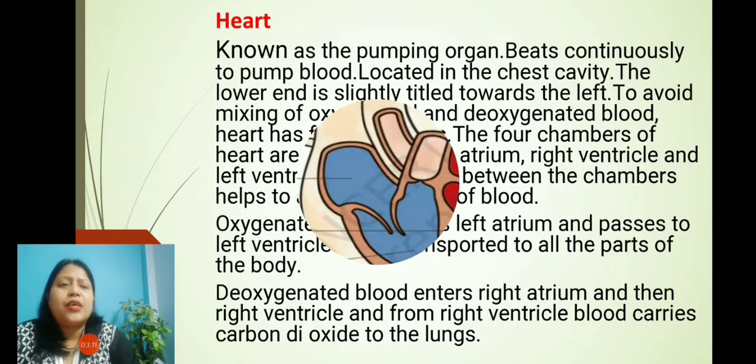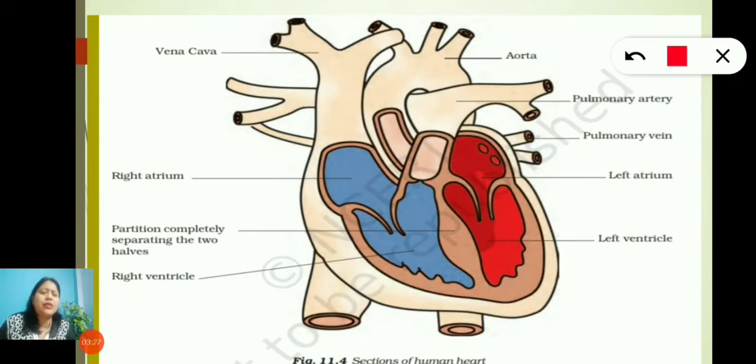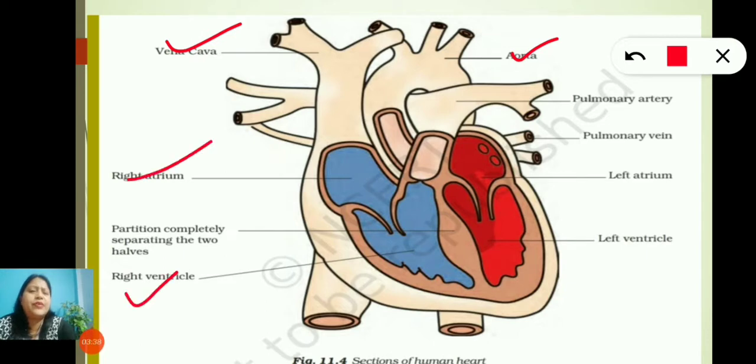Now children, this is the section of the human heart. This is called the vena cava, this is the aorta, this is the right atrium, right ventricle, left atrium, left ventricle, pulmonary artery and pulmonary vein. These are the different parts of the human heart.